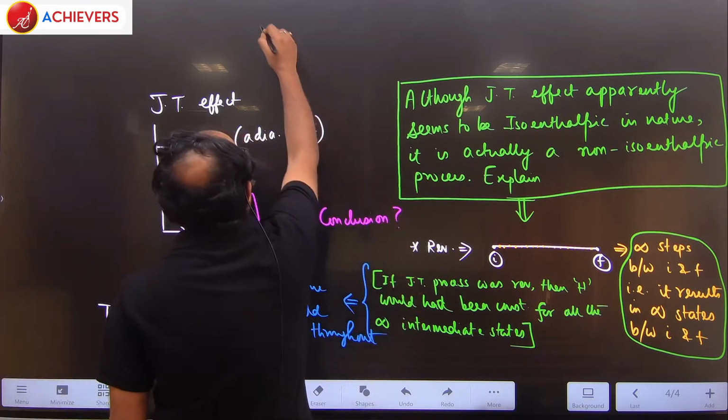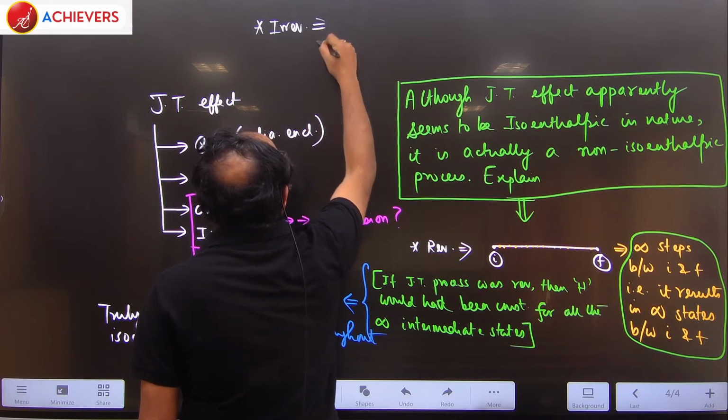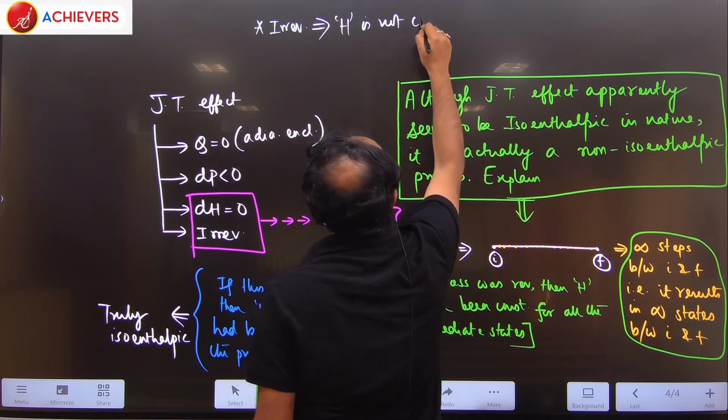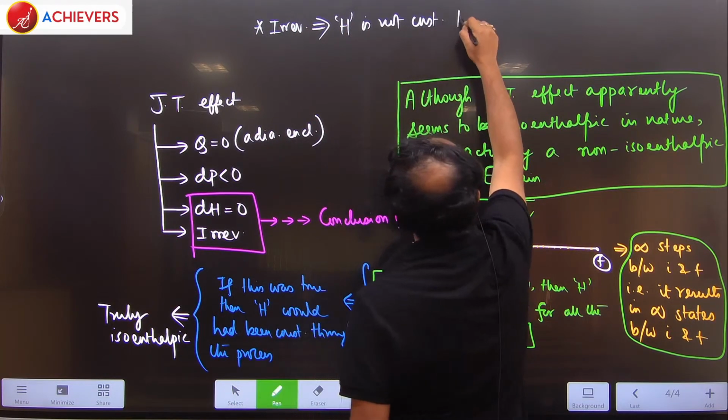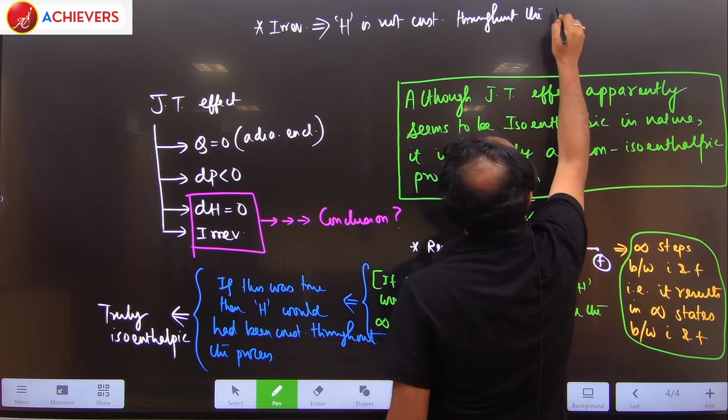So for an irreversible process, H is not constant throughout the process.